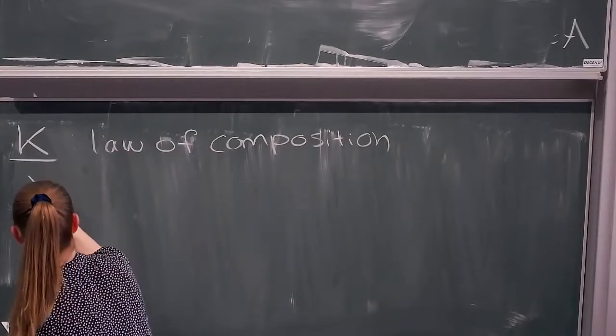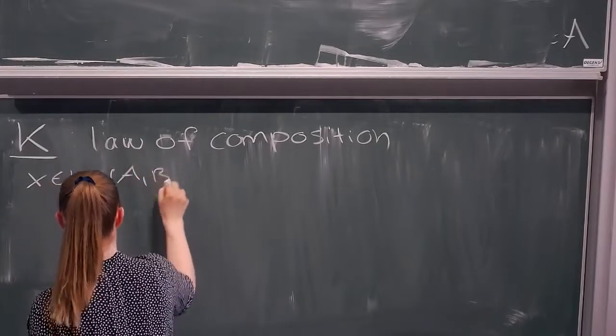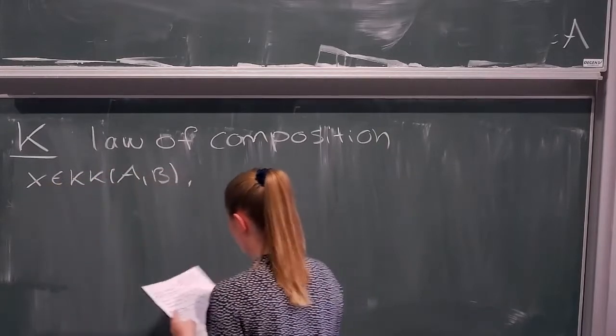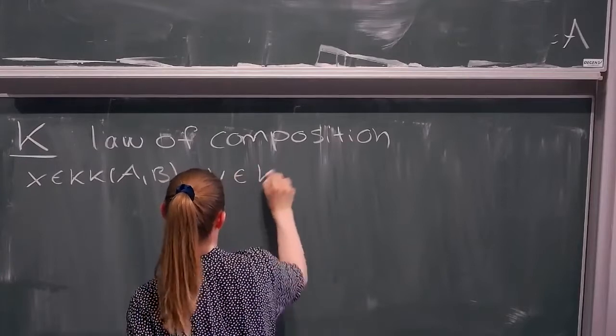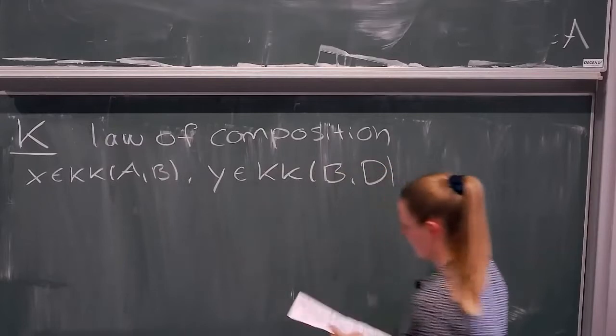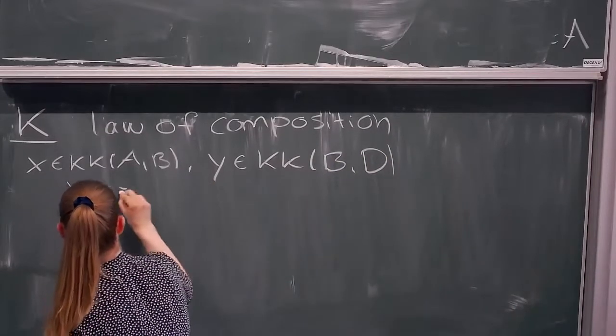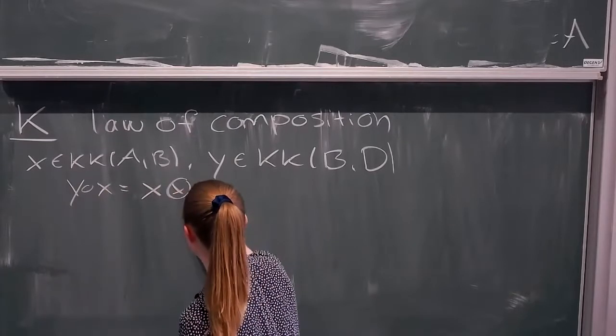So if we have X in KK(A,B) and we have Y in KK(B,D), then we can compose Y and X by taking the product.